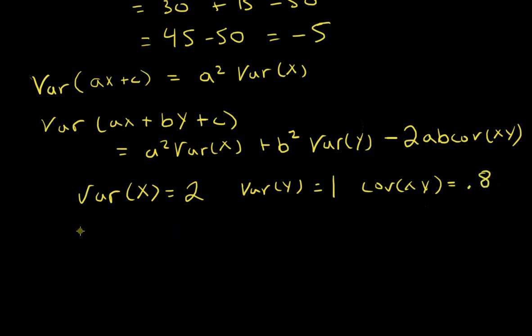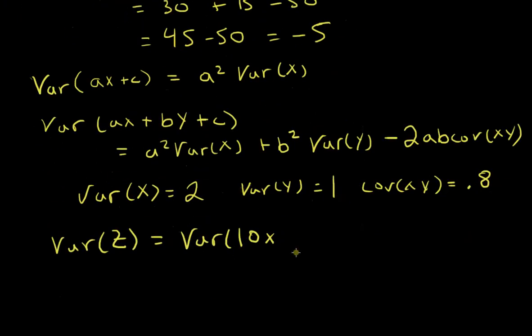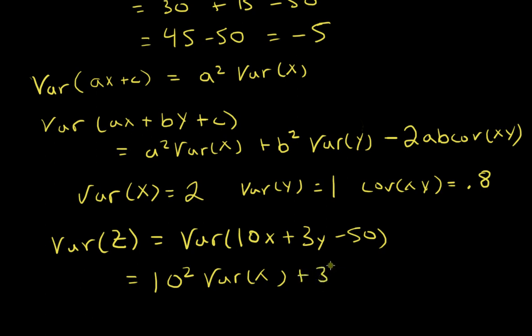Now if we wanted to find the variance of z, remember this would be the variance of 10x plus 3y minus 50. So this would be 10 squared times the variance of x plus 3 squared times the variance of y plus 2 times a. What's a? A is 10. And b, what's b? B is 3.